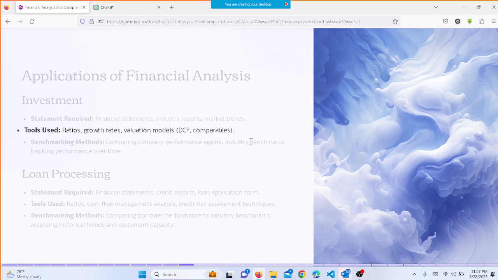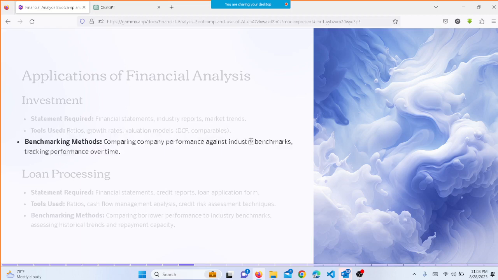For that, we usually calculate ratios, growth rates, and there are certain valuation models, discounted cash flow and comparables, which are available in the valuation reports. We may not go into details of valuation models, but we will look at the ratios and growth rates. Usually in our analysis we also have to benchmark the company against the industry benchmarks, and we track the performance over a period of time.